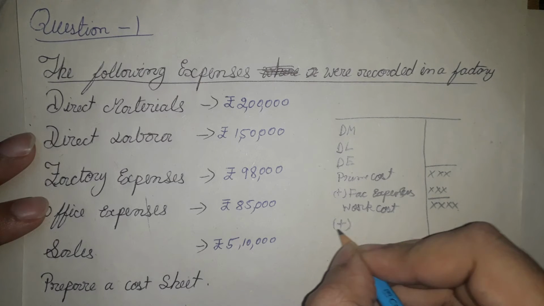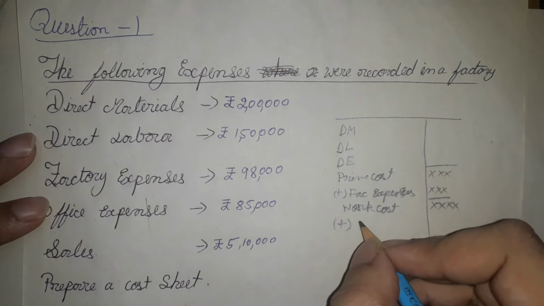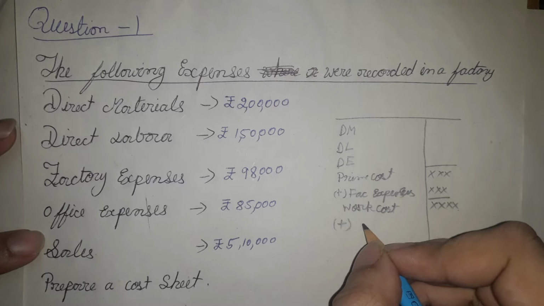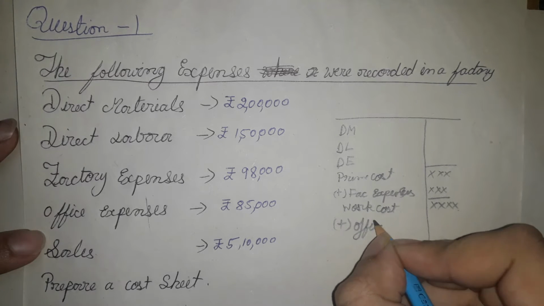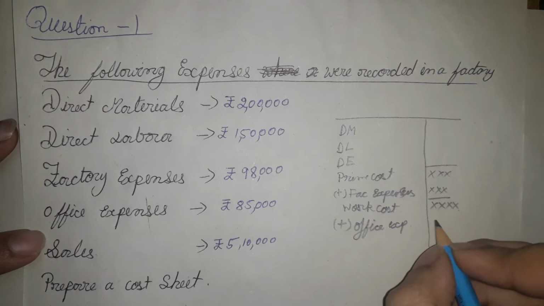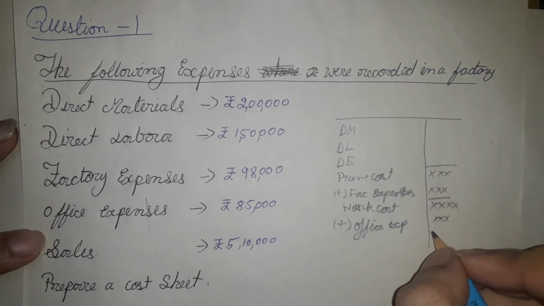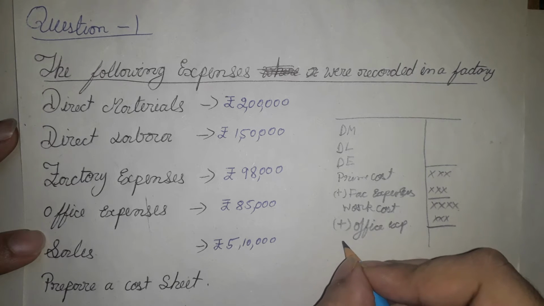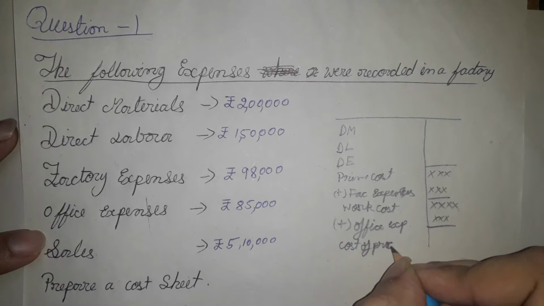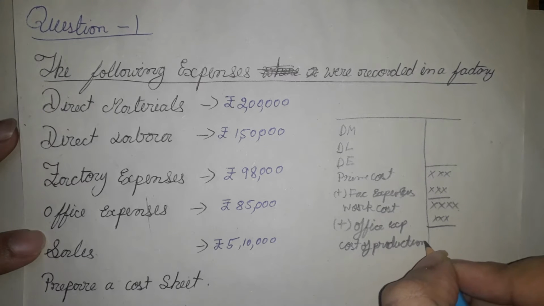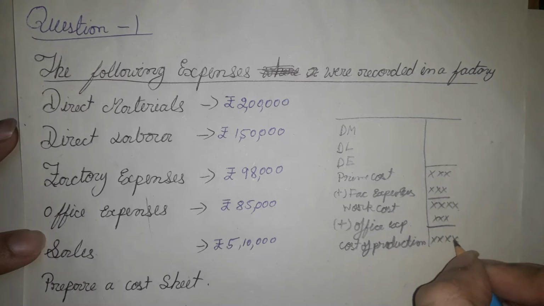To this work cost, or it's also called as factory cost, we add various office related expenditures, right? So when we add our office or administrative related expenditures, we arrive at cost of production. Okay, so this is our cost of production.